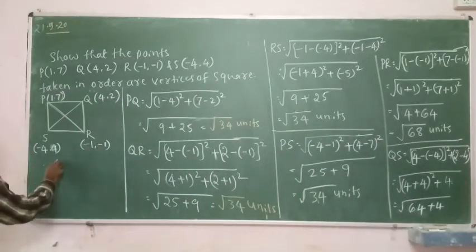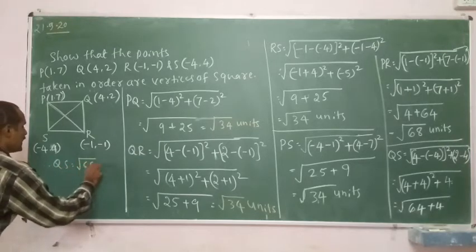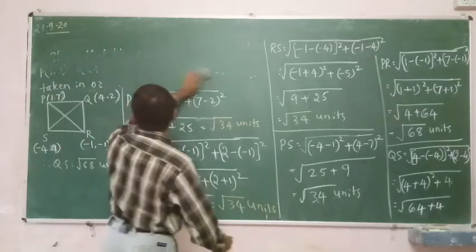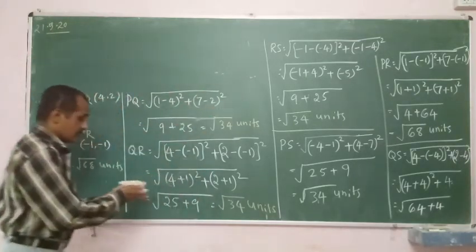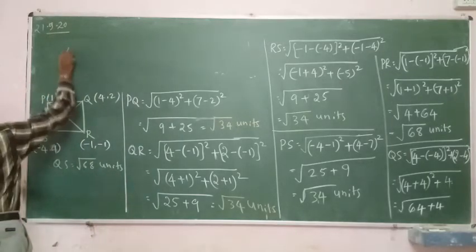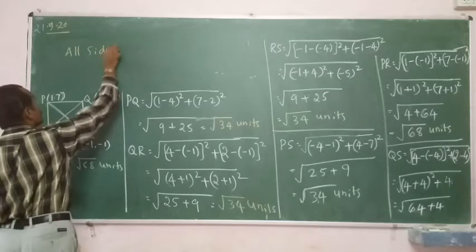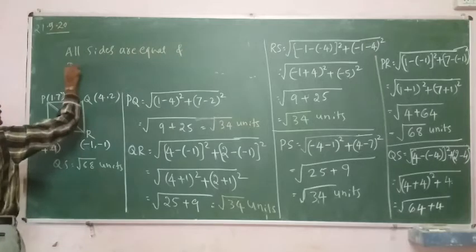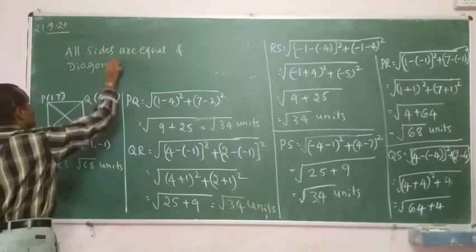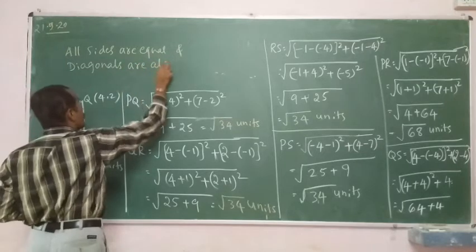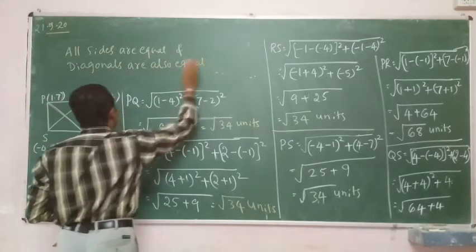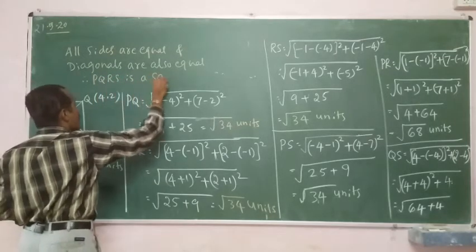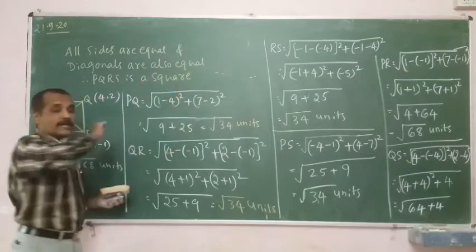Therefore, QS is equal to square root of 68 units. I can write at the end: all sides are equal, and diagonals are also equal. Therefore, PQRS is a square. That is the end of the problem.